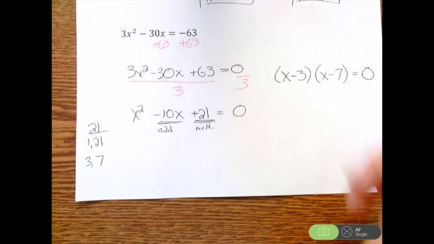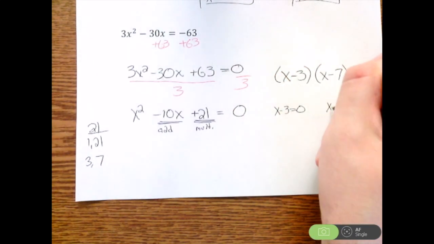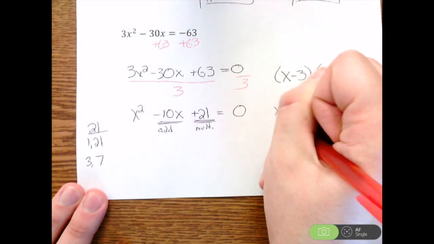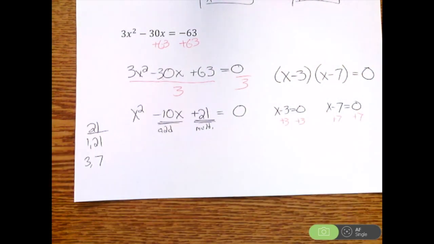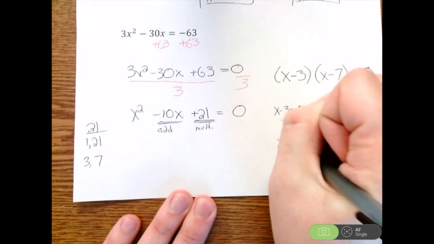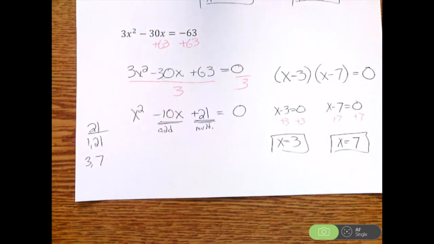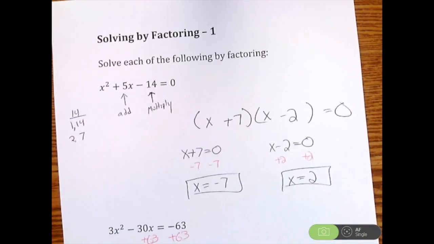So I have it factored out, and again, once we're done factoring, set each factor equal to 0, and solve. x minus 3 is equal to 0, and x minus 7 is equal to 0. Add 3, add 3. I'll solve the other one, add 7, add 7. So I'm going to get x equals 3, x equals 7. And that was my first of 2 videos on solving by factoring.